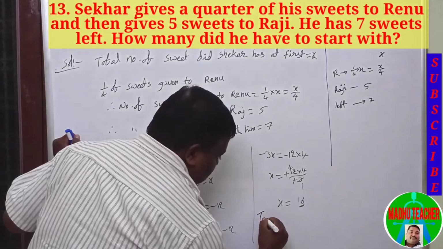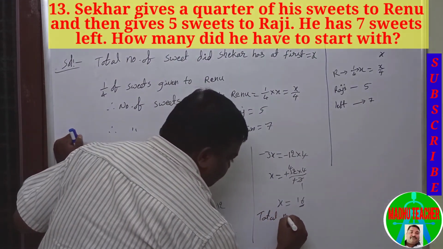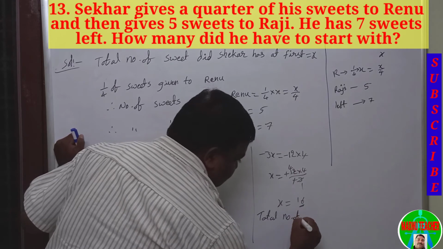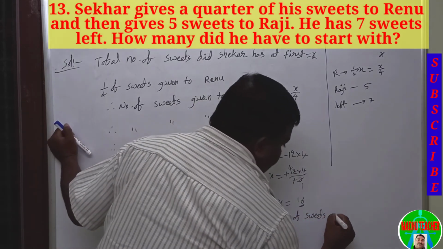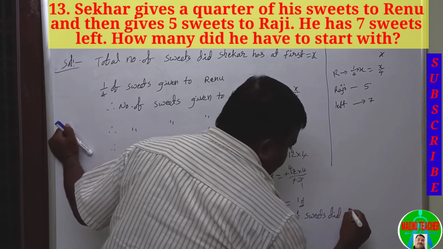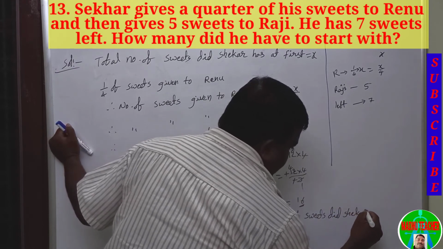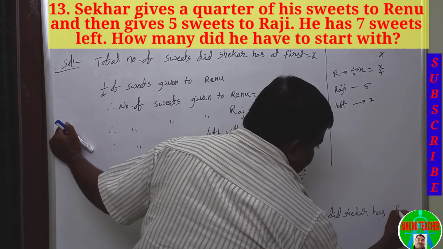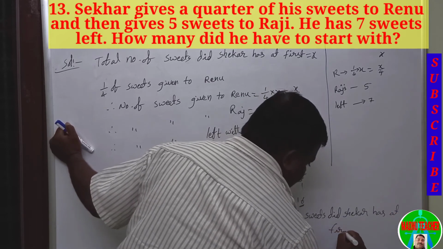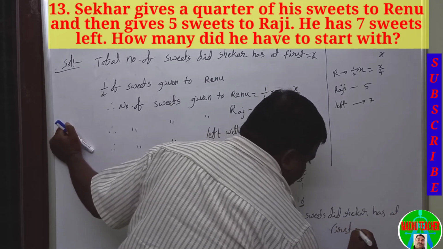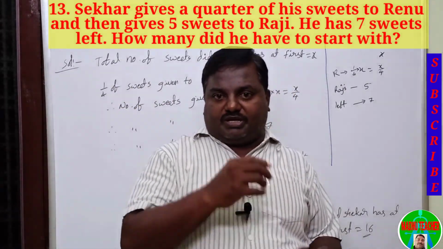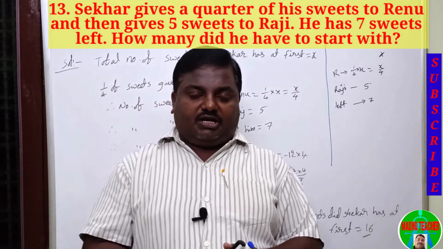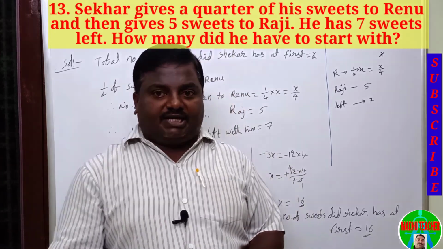So that is total number of sweets did Shekhar has at first equal to 16. By this problem, exercise 2.5 is over, and also we completed second chapter.